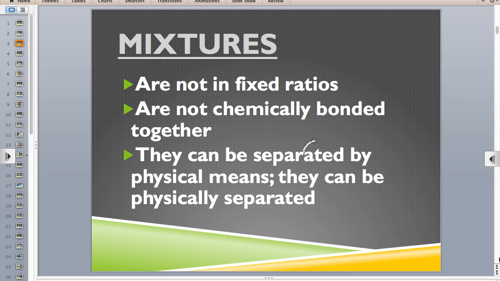But for right now, what we're referring to is, we could separate them by filtering them through a funnel. I forgot the filtering part. And so we could take some filter paper and put it in a funnel and pour it, and it would separate, for example, sand and water together, or something like our dirty dishwater.